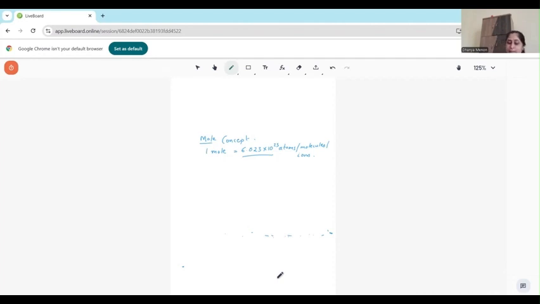Okay, and this number 6.023, in some books it is 6.022 also. Sometimes the values are given. Okay, 6.023 times 10 raised to 23. This is called Avogadro number. Avogadro's number. Okay. Now this value 6.023 times 10 raised to 23 is called Avogadro number.